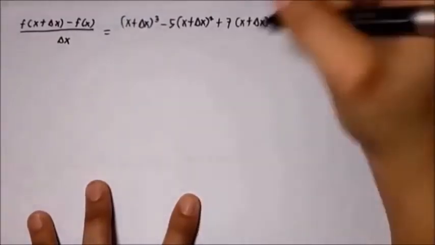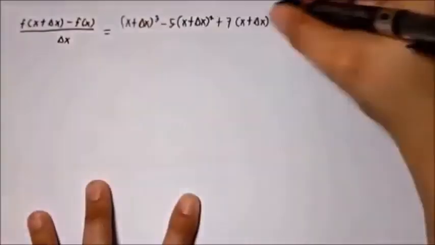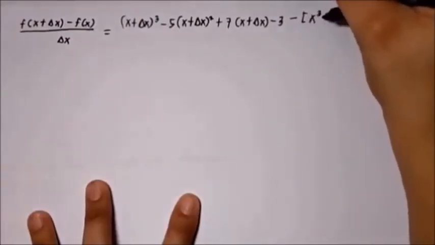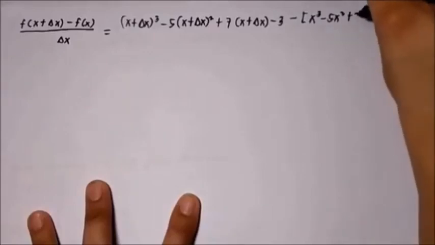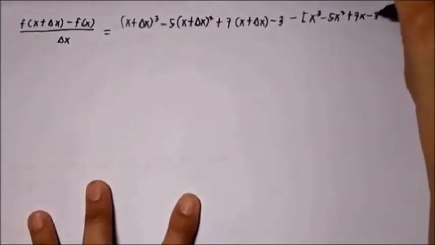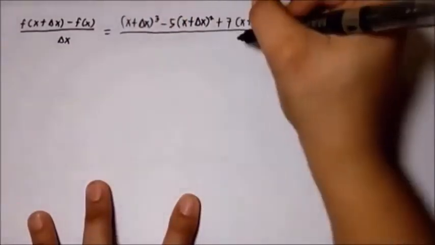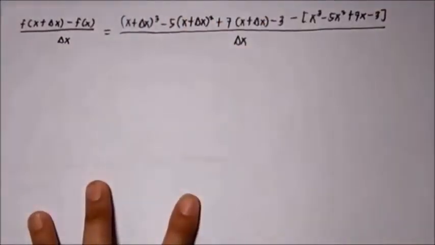And then we have to subtract the given f of x. So the given f of x is x cubed negative 5x squared plus 7x minus 3. And then after evaluating the numerator, we will be dividing the given by delta x.